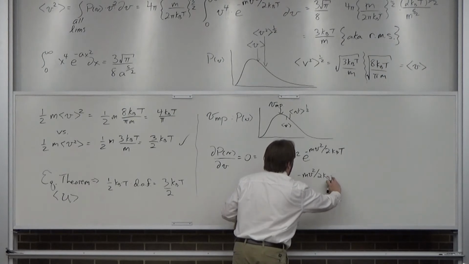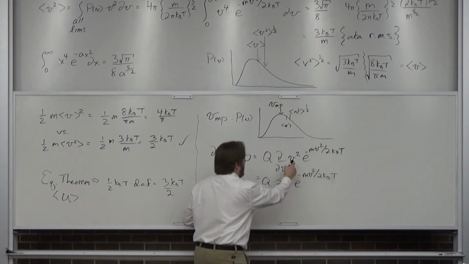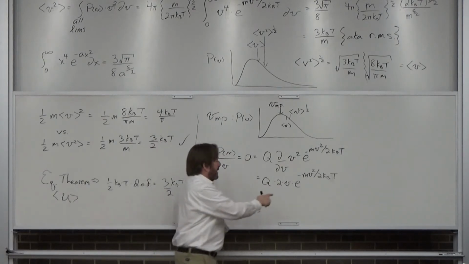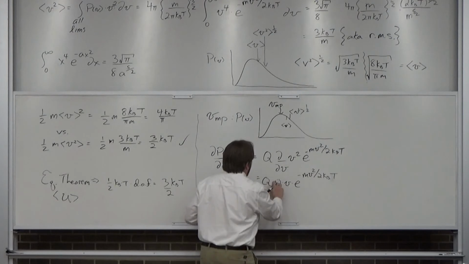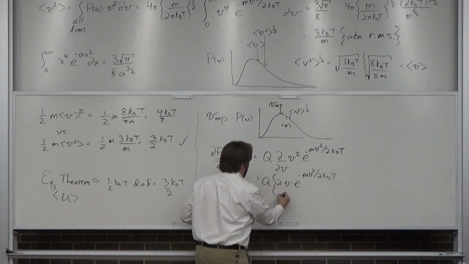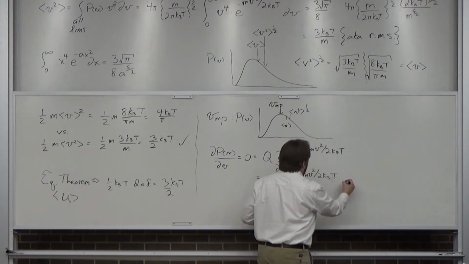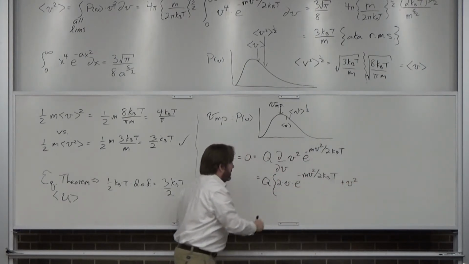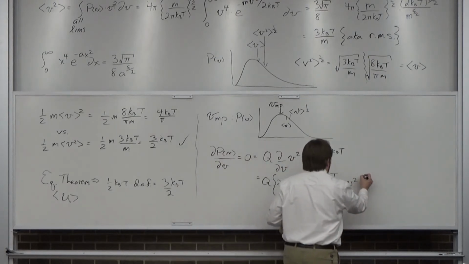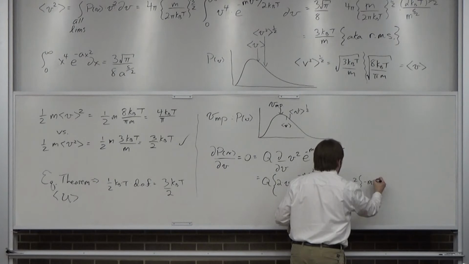I have an f of v and a g of v, and so what I'm doing is taking the derivative of the first one and leaving the other guy alone. And then, here I can actually factor that Q out. Then I leave the first thing alone, and then I take the derivative of the other guy, which is a little unfortunate because that's going to be a little complicated.